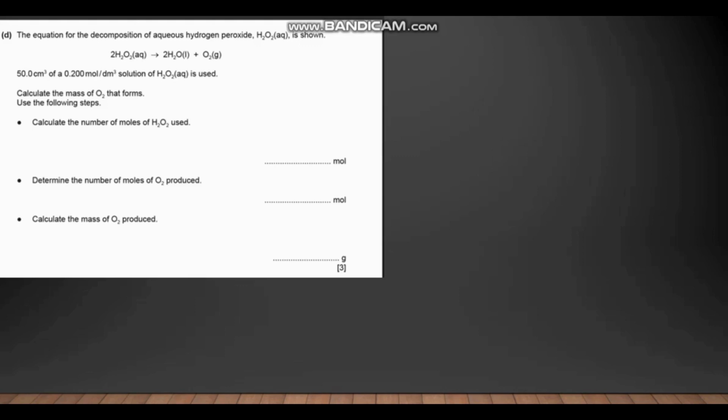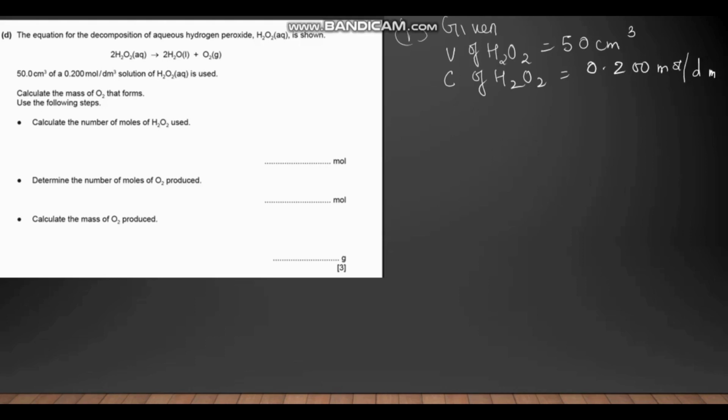Now the first step is to calculate the number of moles of hydrogen peroxide. So for the first step, we will first write what is given over here. From the question, I have the volume of hydrogen peroxide, which is 50 cm³, and I have the concentration of hydrogen peroxide, which is 0.200 moles per dm³.